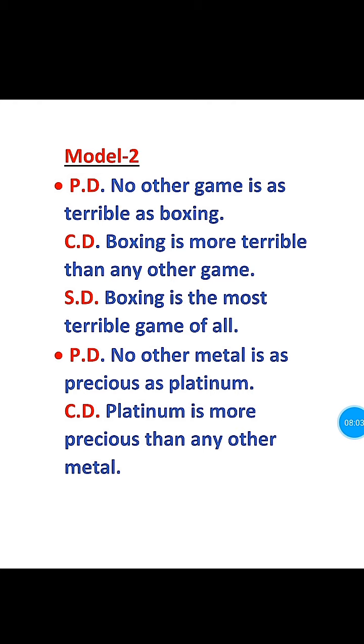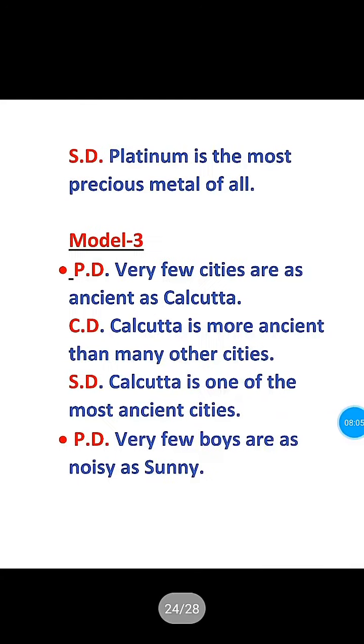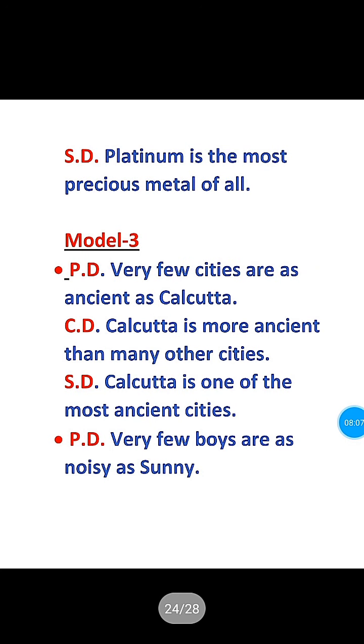Model 3. Positive degree. Very few cities are as ancient as Calcutta. Comparative degree. Calcutta is more ancient than many other cities. Superlative degree. Calcutta is one of the most ancient cities. Here also we are comparing Calcutta with other cities. Not only another city. We are comparing Calcutta with many other cities.